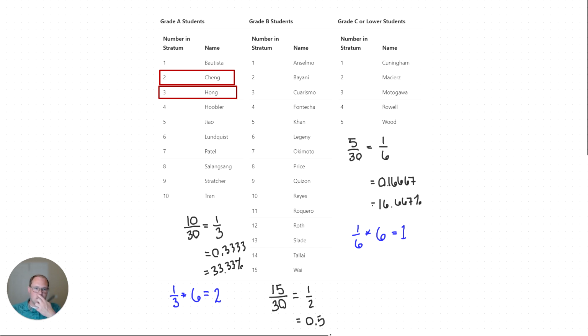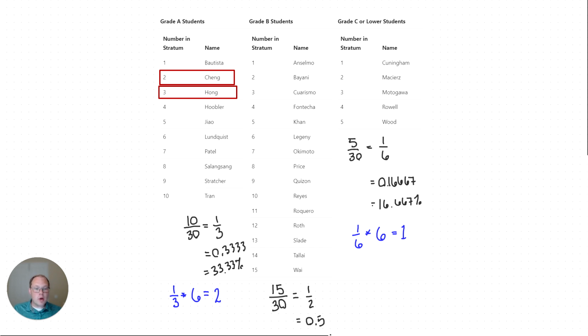And they're my grade A students. So I know that my grade A students are represented in my sample because I've chosen Cheng and Hong, and so 1/3 of the students in my sample will be grade A students, just like 1/3 of the students in my population are grade A students.